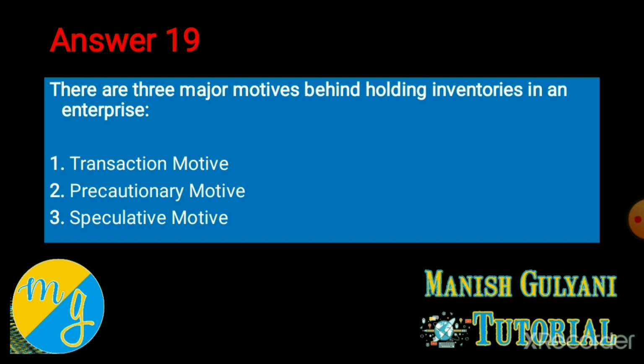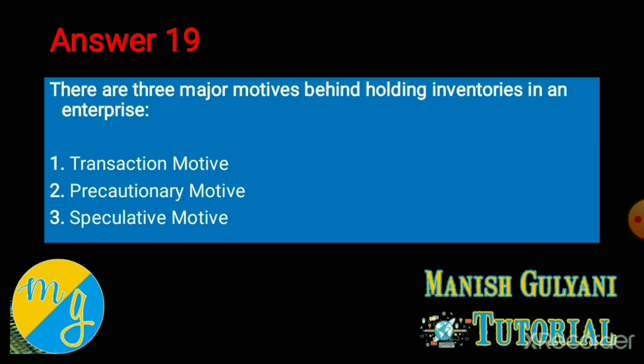Now what is transaction motive? According to this motive, an enterprise maintains inventory to avoid bottlenecks in its production and sale. It means whenever you want your production to go smoothly, you have to maintain some inventory on a routine basis.